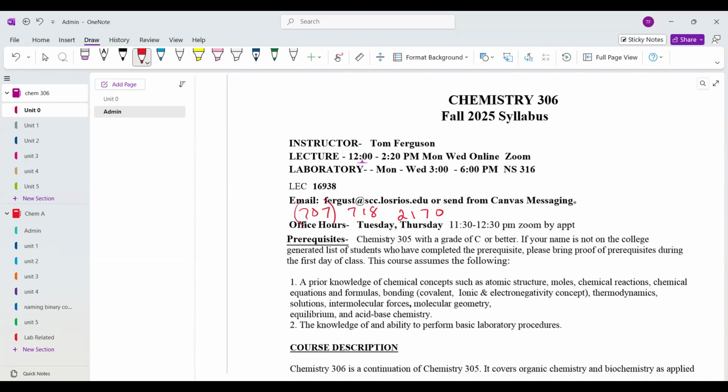Lots of sevens. Feel free to text me. I stay up very late, so you can text me at, I don't know, 1 o'clock in the morning, 2 o'clock in the morning. I'll probably still be up. So I don't have a problem with that. I check all this stuff fairly often.